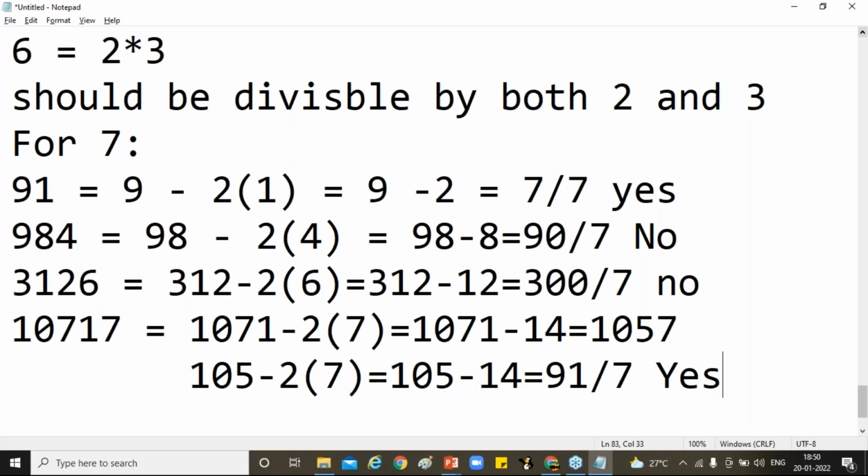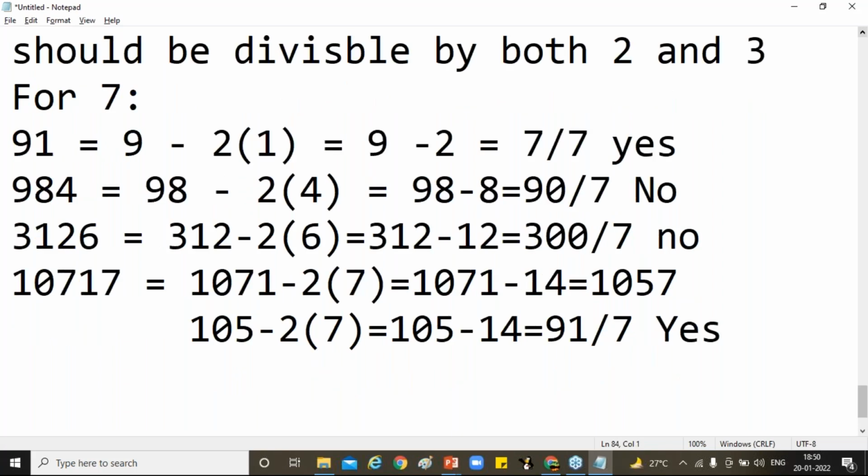Okay, understood all of you? So write down what you understood. Whatever you understood, please note down.